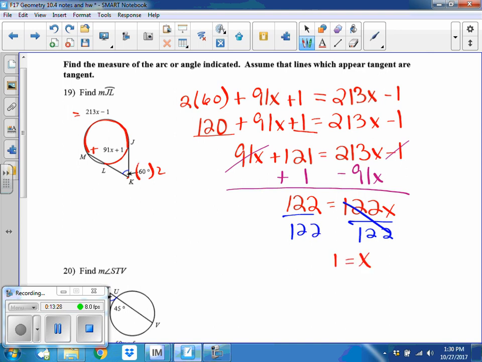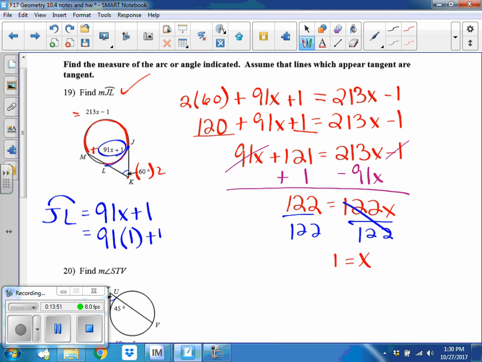Now let me go back up. They wanted me to find the measure of arc JL. JL is from J to L. That's represented by 91x plus 1. So arc JL is 91x plus 1, which is 91 times, well now we know that x is 1, plus 1, which is 92 degrees.